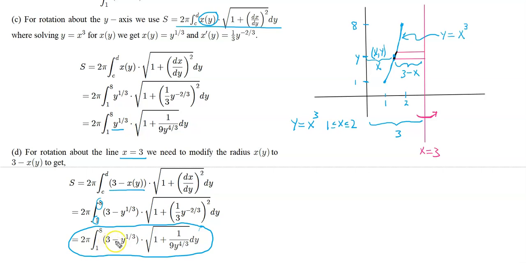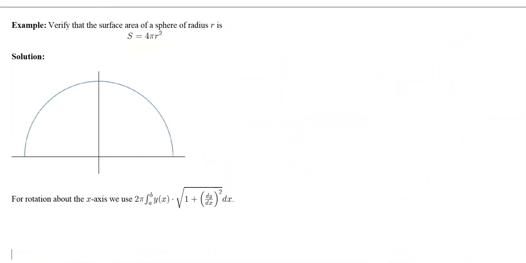And let's take a look at another example. In this example, we want to verify that the surface area for a sphere of radius r is 4 pi r squared.